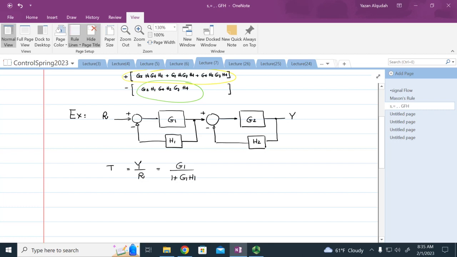We're going to see this so many times, so hopefully everybody will know it by heart. And then we have a cascade with the other feedback loop. What is the gain of the second one? G2 over 1 plus G2H2. Very good. Can you multiply those together?